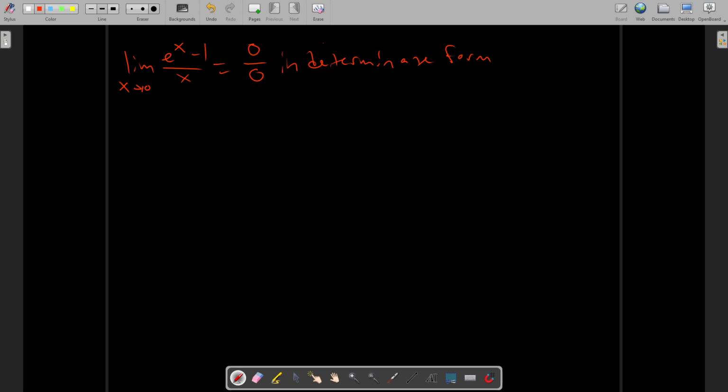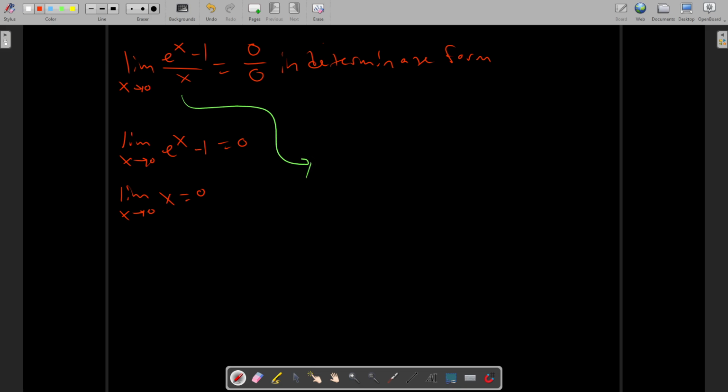Basically what it says is, if you have the limit as x approaches 0 of the top expression, which you can say equals f of x, equals 0, right? And you also have the limit as x approaches 0 of the bottom expression equals 0, then you can simplify this.